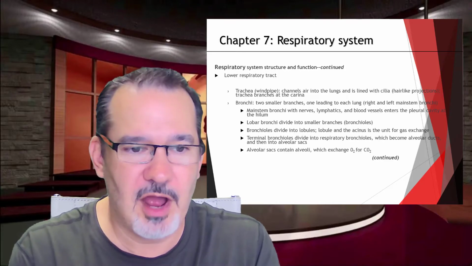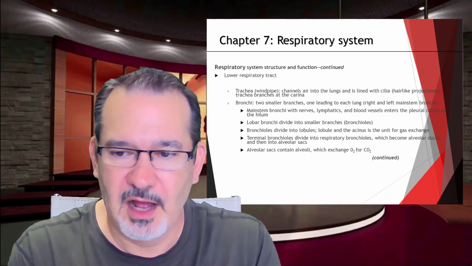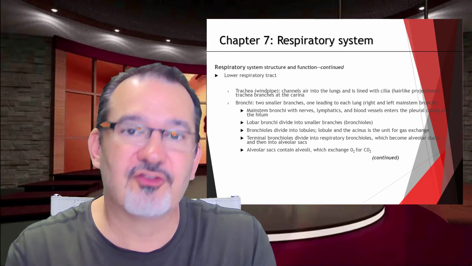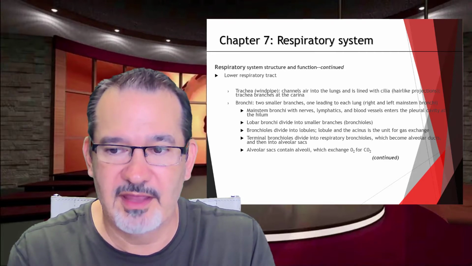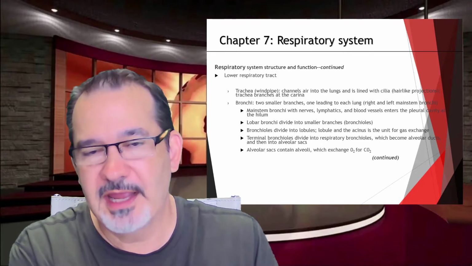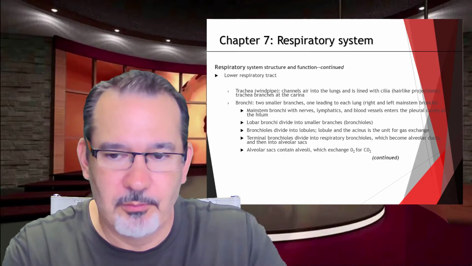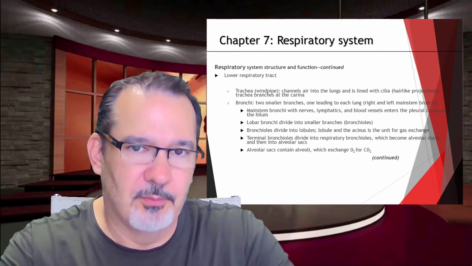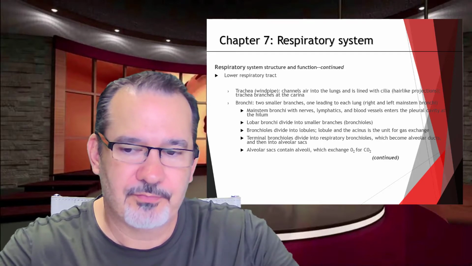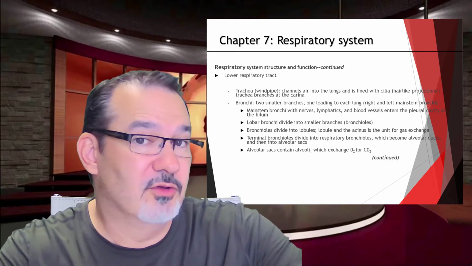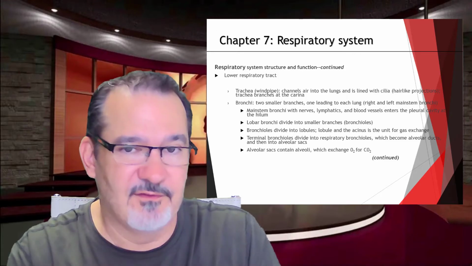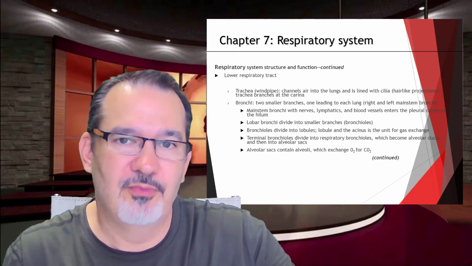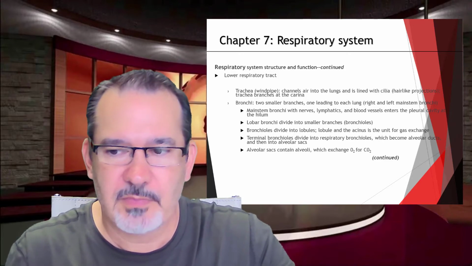Now the bronchi branch. They're smaller airways, is what the bronchi are. So smaller airways on the left and the right, and then those branch out into five smaller bronchioles. The bronchioles enter each lung, and because there are five of them, there are three lobes in the right lung and two lobes in the left lung.